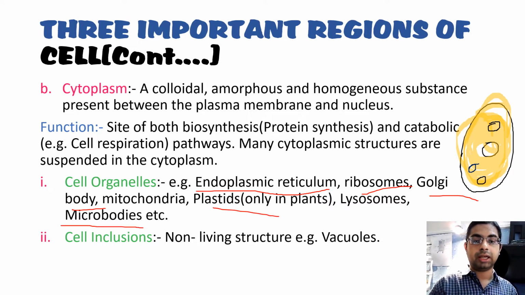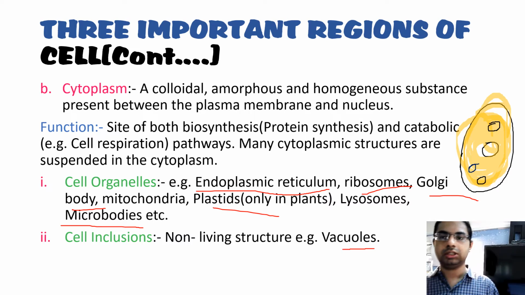Plastids are not found in animals; they are present only in plants. And cell inclusions, which are non-living, for example, the vacuole. So these two are cytoplasmic structures, which are present inside the cytoplasm.